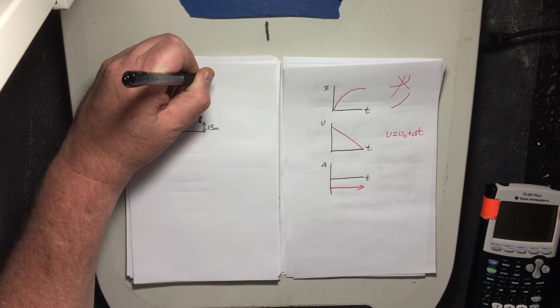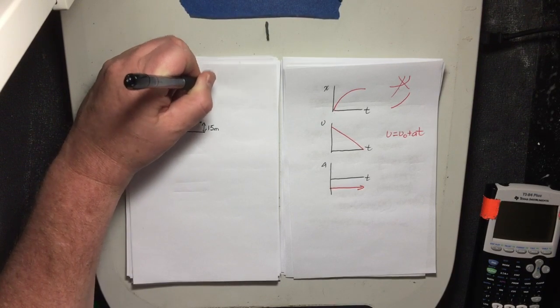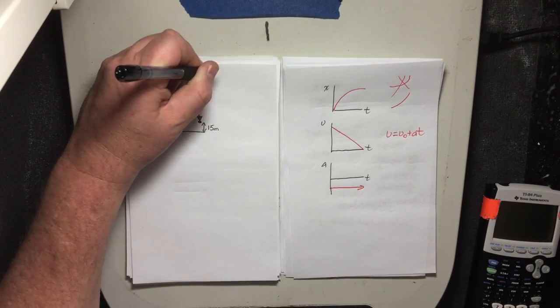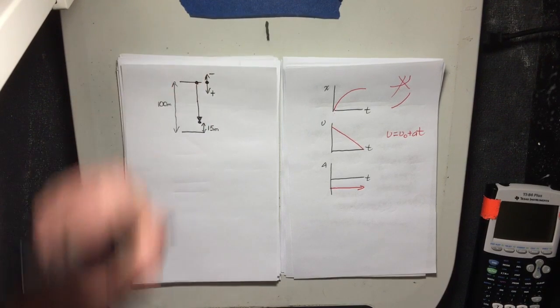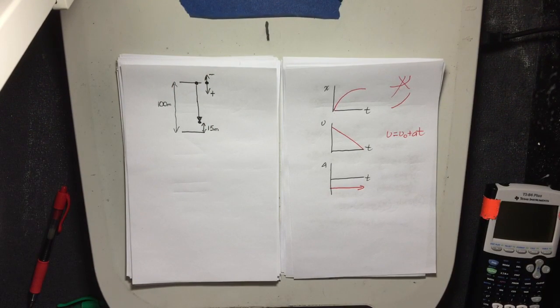Let's deal with the basics. I'm going to choose the origin to be the top of the tree, and I'm going to choose up as negative and down as positive. Why? Because everything is moving down. The banana is moving down, it's accelerating down, its velocity is down, its position is down beneath the top of the tree.